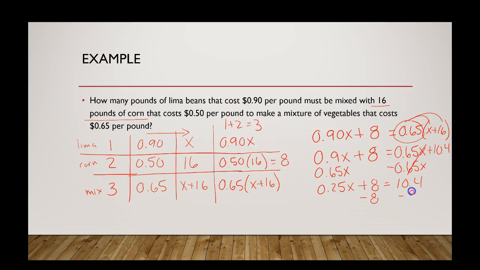Subtract the 8, which gives you 2.4. Divide by the 0.25, and you get x equals 9.6.